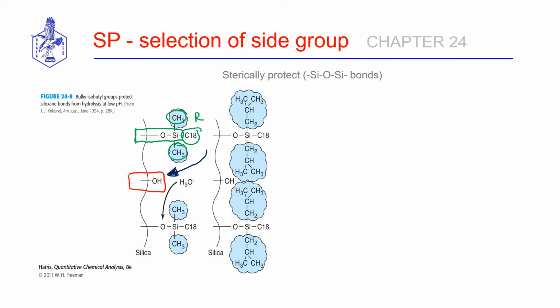So if we don't intentionally put large side groups on our stationary phase material, we risk access to the unreacted silanol sites.